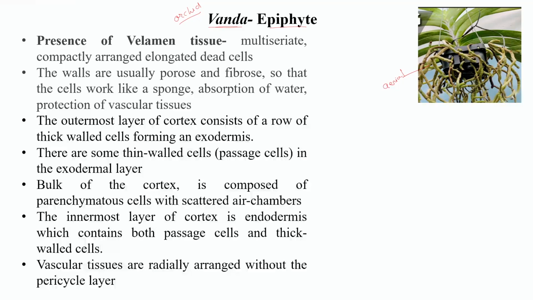So let's try to understand what we will see when we cut the section of this aerial root, because the root will show that type of modification. We will see that velamen tissues are present.